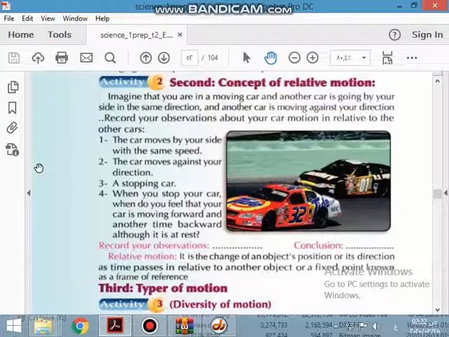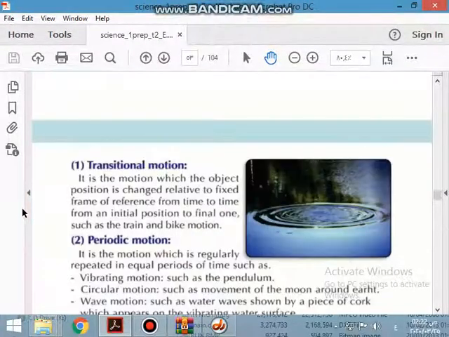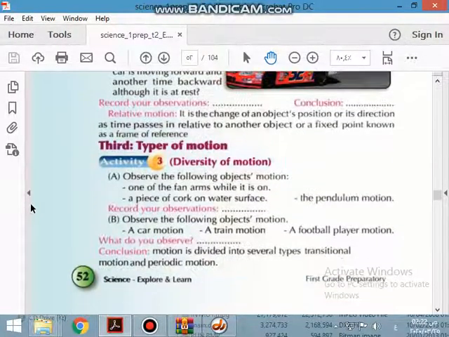All of this is related to relative motion. What is the meaning of relative motion? Relative motion is the change of an object's position or its direction as time passes relative to another object or a fixed point known as a frame of reference.